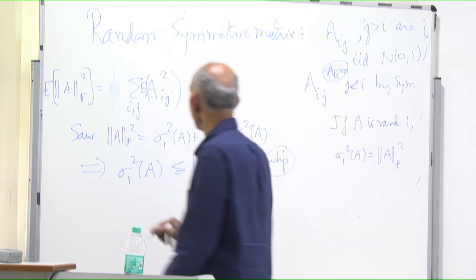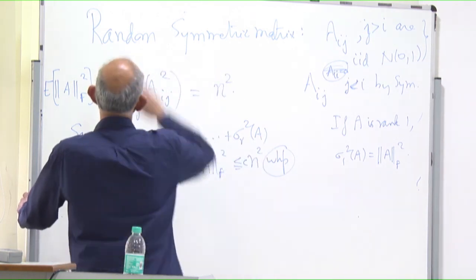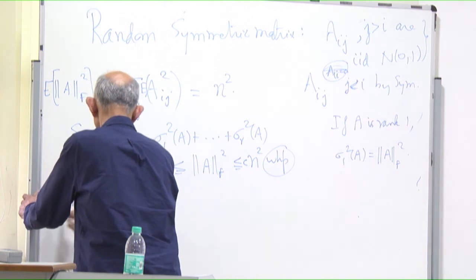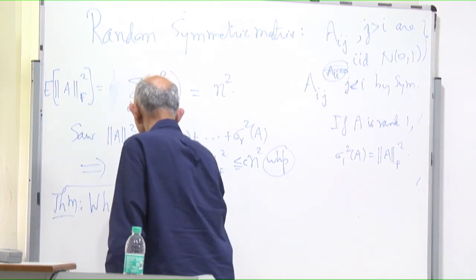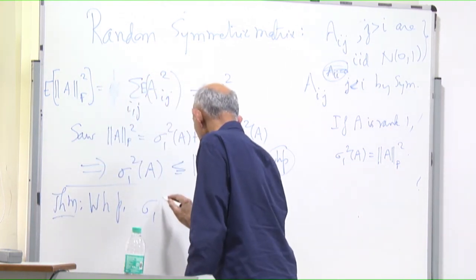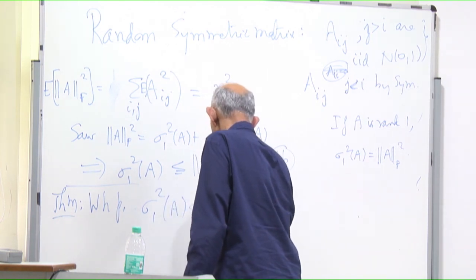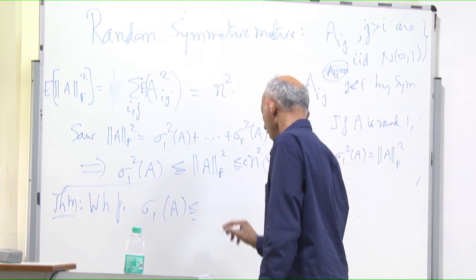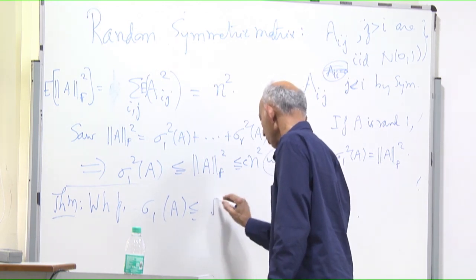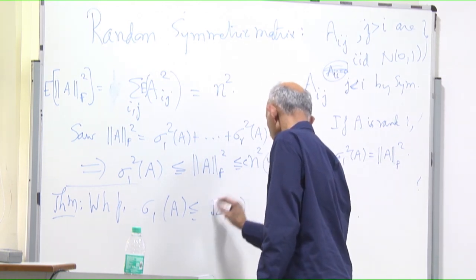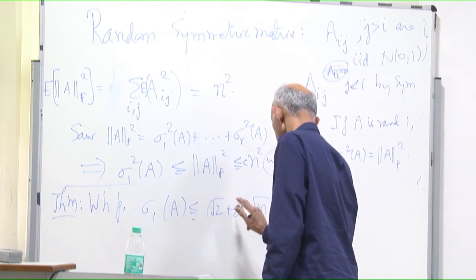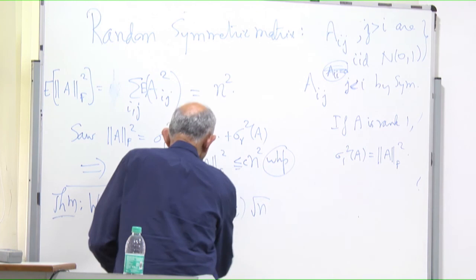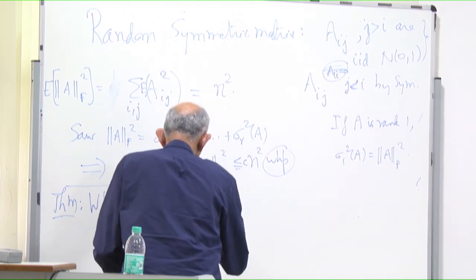But in fact, in this random setup, the theorem is that with high probability, sigma 1 of A is less than or equal to, let's see, I think it's root 2 plus epsilon times root n. Or maybe I should just say it is asymptotically about root 2 root n.